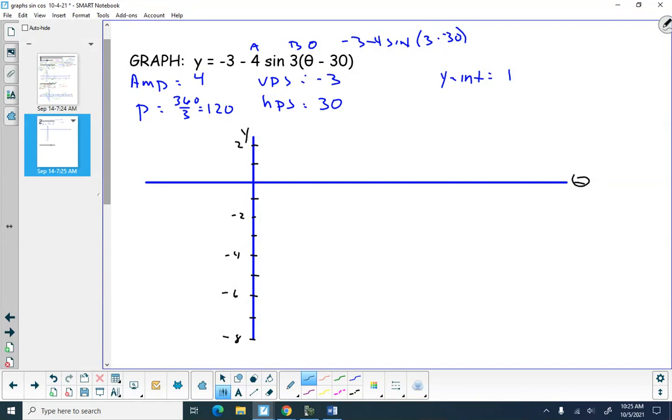I can make my 90s a little bit bigger as we go along. 90, 180, 270, 360. I want to go to -90 here. I probably could have gone a little bit bigger, but we're okay. Once I get my 90s down, I can divvy those into thirds. It doesn't have to be exact, but try to get close.